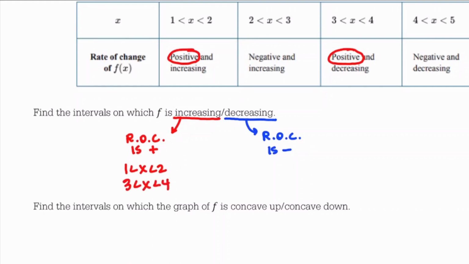And f is decreasing when its rate of change is negative. Can't emphasize that enough. That's going to be here and there. So that would be 2 to 3 and 4 to 5.